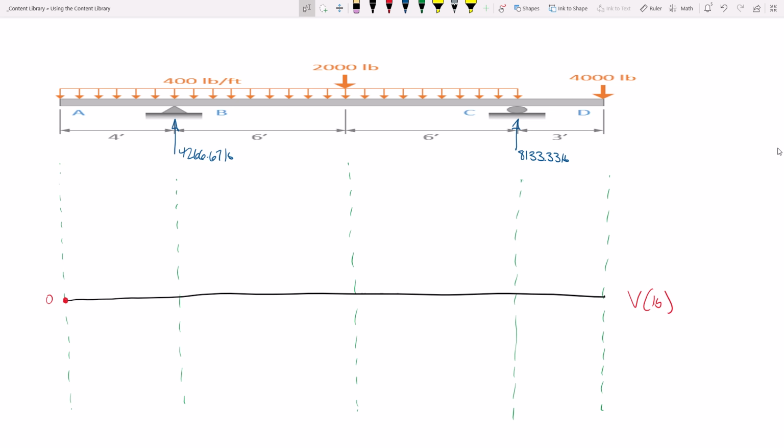Okay, so now we've got everybody woken up a little bit. We start at 0, we go down to 1,600. So here it's going to be 1,600. What is the shear diagram going to look like from here to here? A line going downward. So this is what the shear diagram looks like, right here.